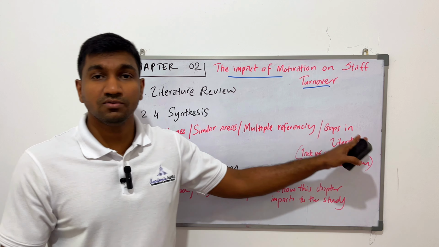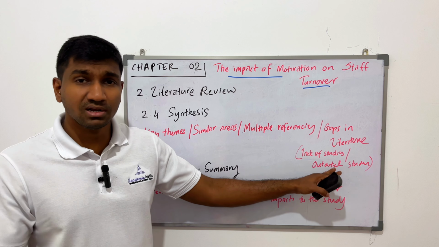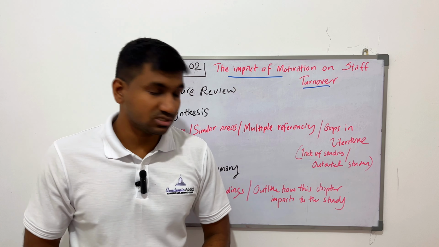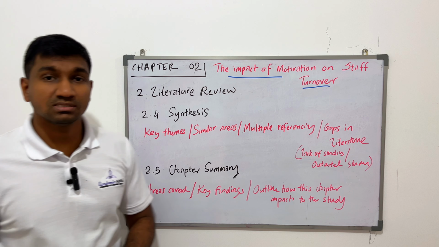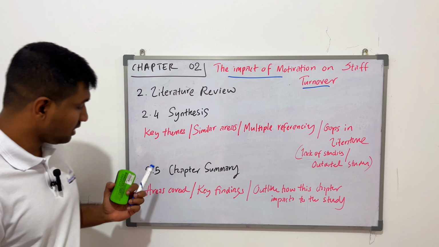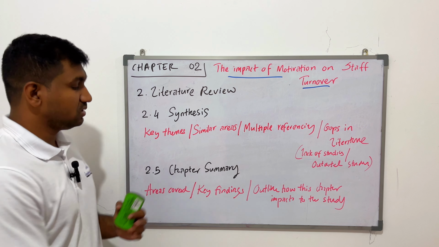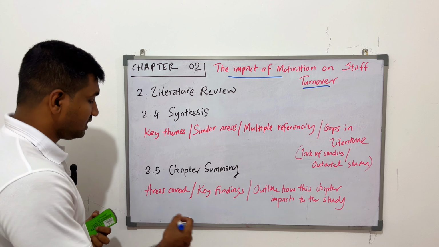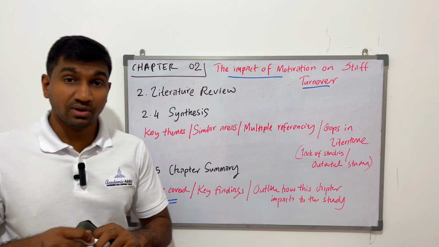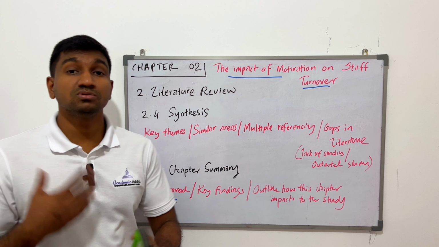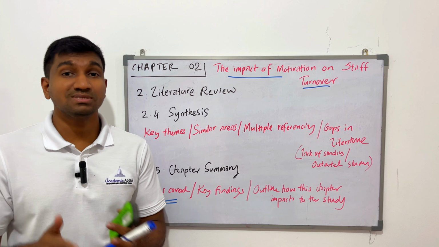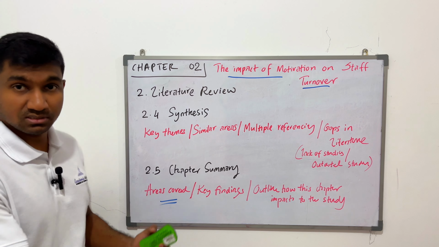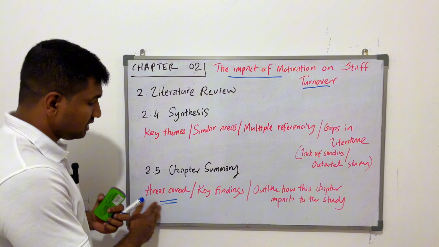That shows how hard it was for you to write literature covering these sections. That is about synthesis, the advanced summary. And of course, then you have to have a small summary, the chapter summary, covering everything. What are the areas that you have covered? When you write these, you need to use the past tense: you have discussed.